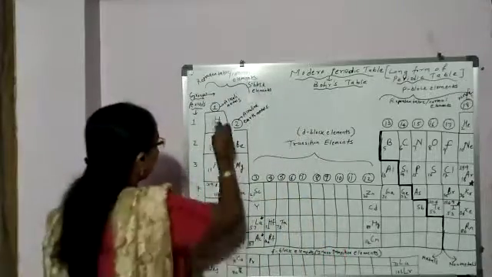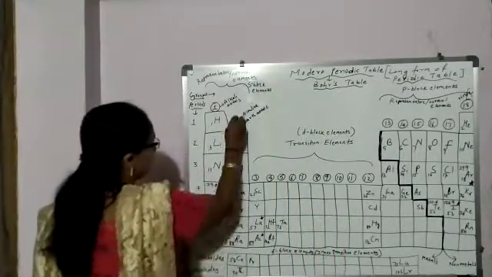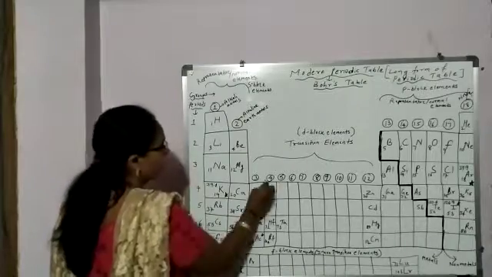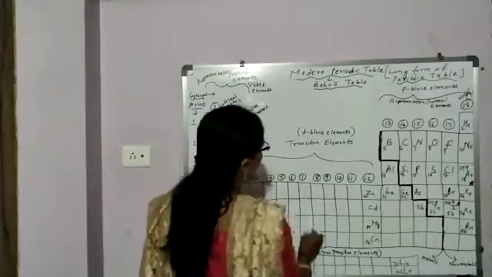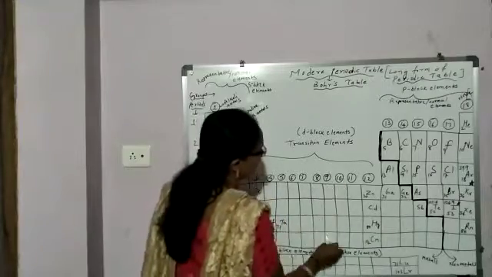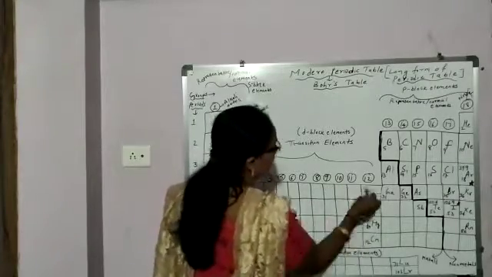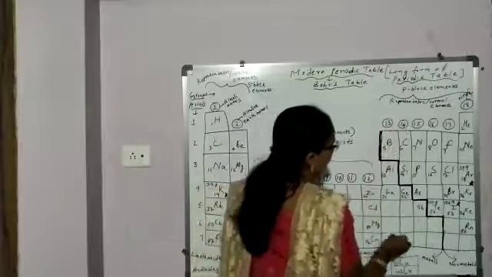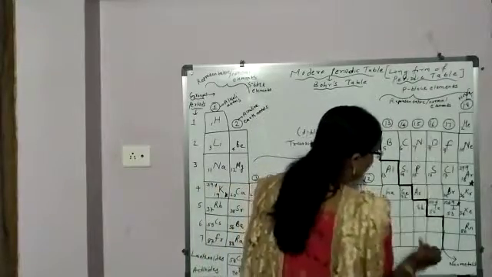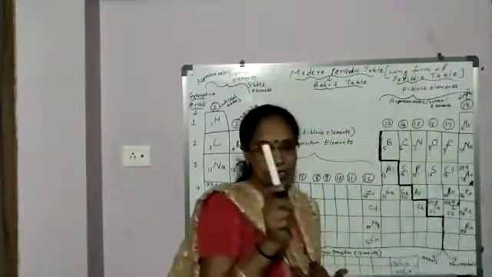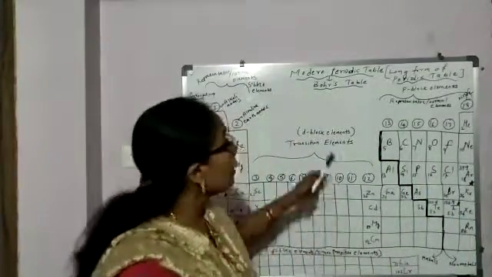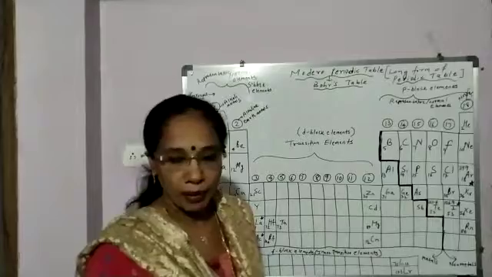You can see here vertical column group 1, this is group 2, then 3, 4, 5, 6, 7, 8, 9, 10, 11, 12, 13, 14, 15, 16, 17, 18. So, 18 vertical columns are there in the modern periodic table.